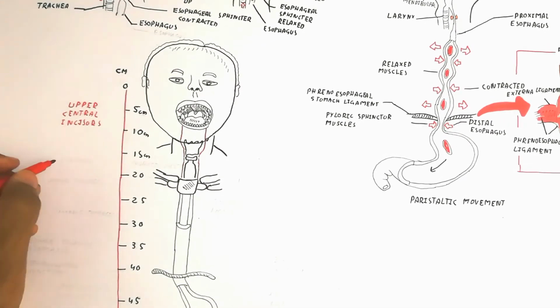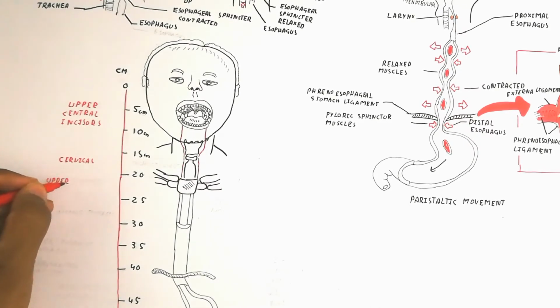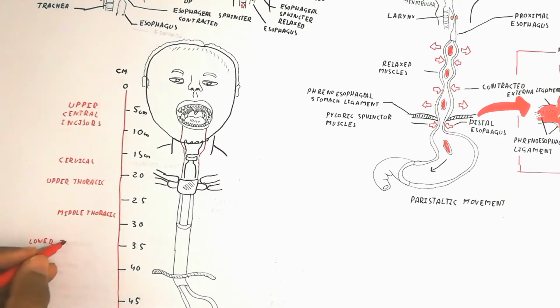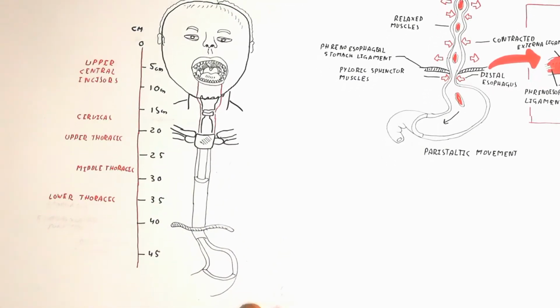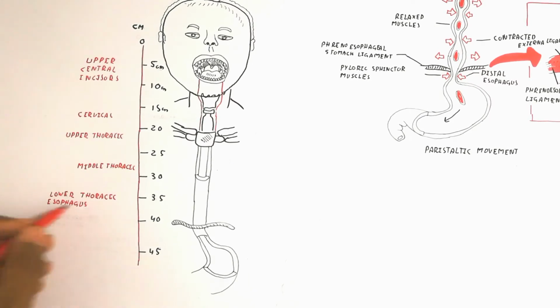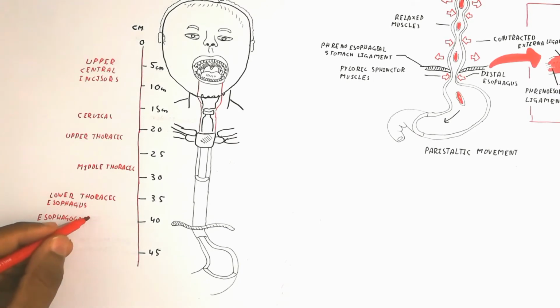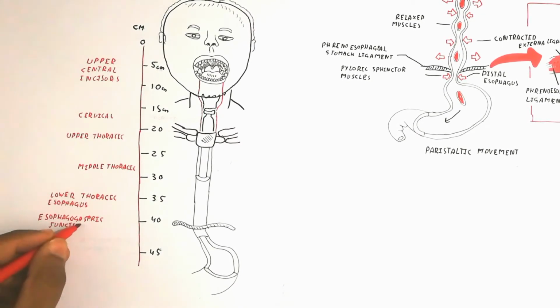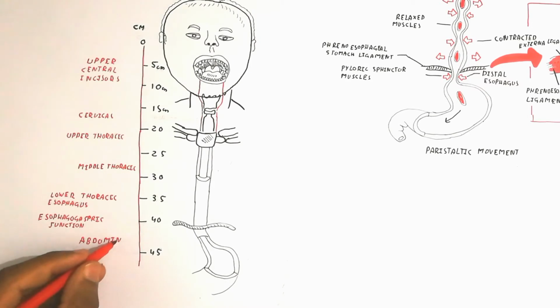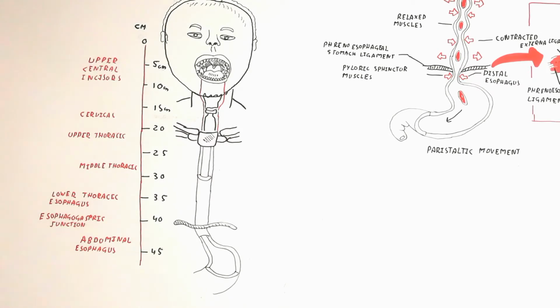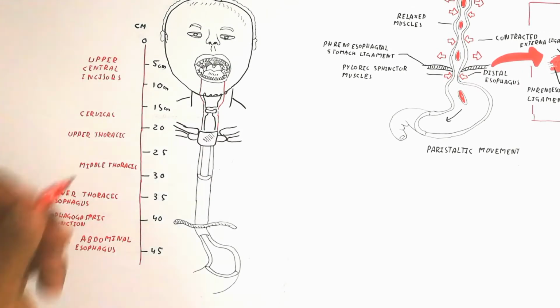Here are the upper central incisors, which contain the teeth, and the tract begins into the cervical region at about 15 centimeters. After that is the cervical-thoracic inlet, then the upper thoracic and middle thoracic going to 25 to 30, and thoracic means the thorax region, and 30 to 35 is the lower thoracic esophagus, going to 40, and the abdominal esophagus goes to 45.